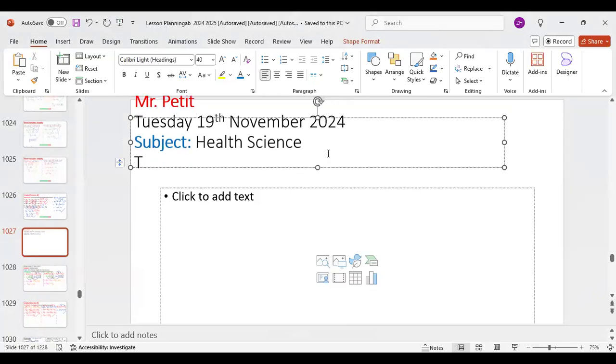Topic. We're gonna be looking at the skeleton. Well, no, I think we already did the skeletal system. We did the digestive system. I remember that. The last time we were here, we talked at length about the different types of systems that we have in our body, and we explained the digestive system properly.